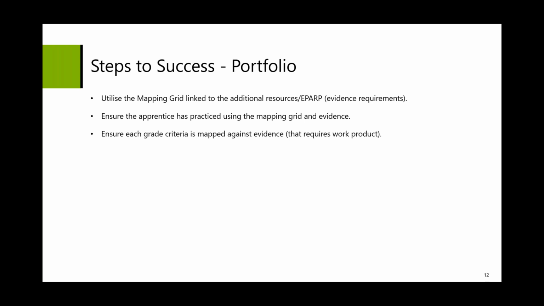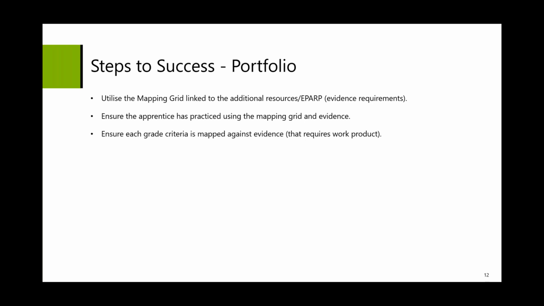Ensure each grade criteria is mapped against evidence. So the grade criteria that require work product, and again this is clearly stated on the mapping grid, what grade criteria and standard areas require that evidence. Make sure there is something for each one of them. A good piece of evidence obviously can be used across multiple grade criteria.